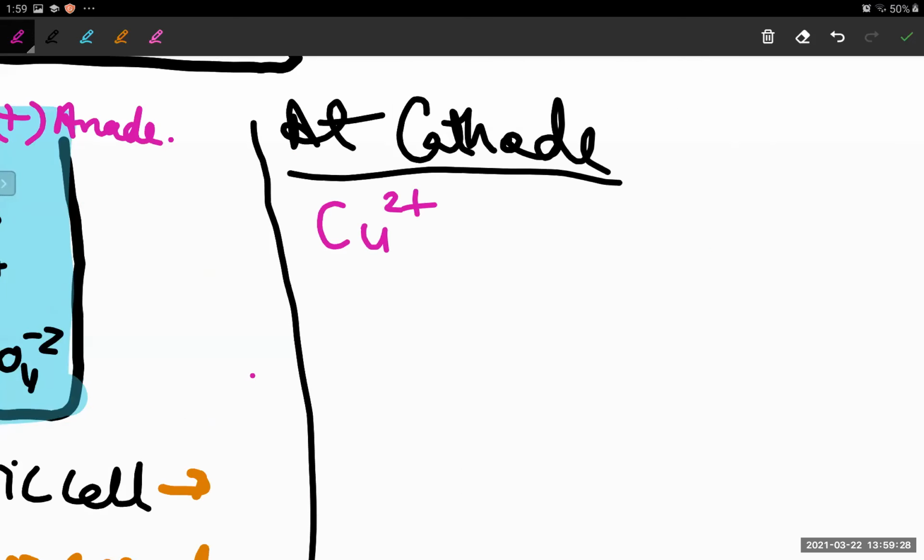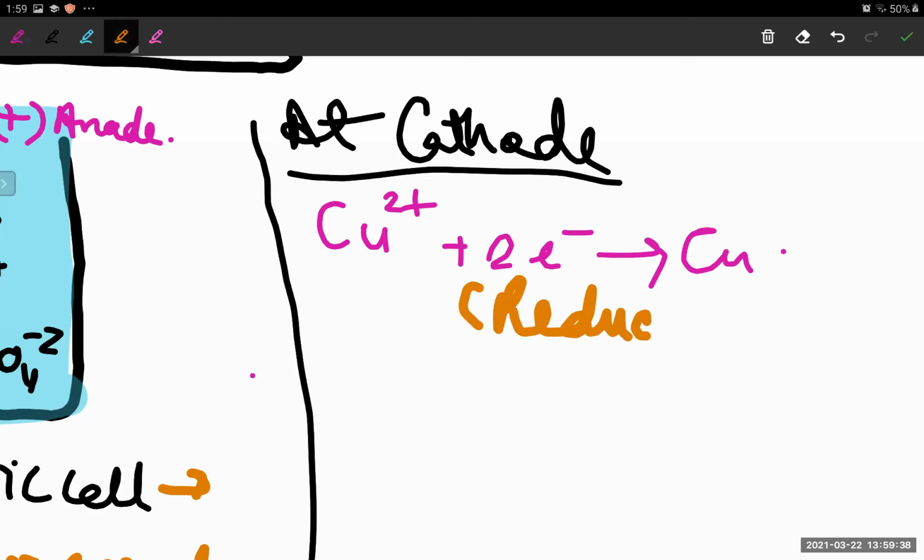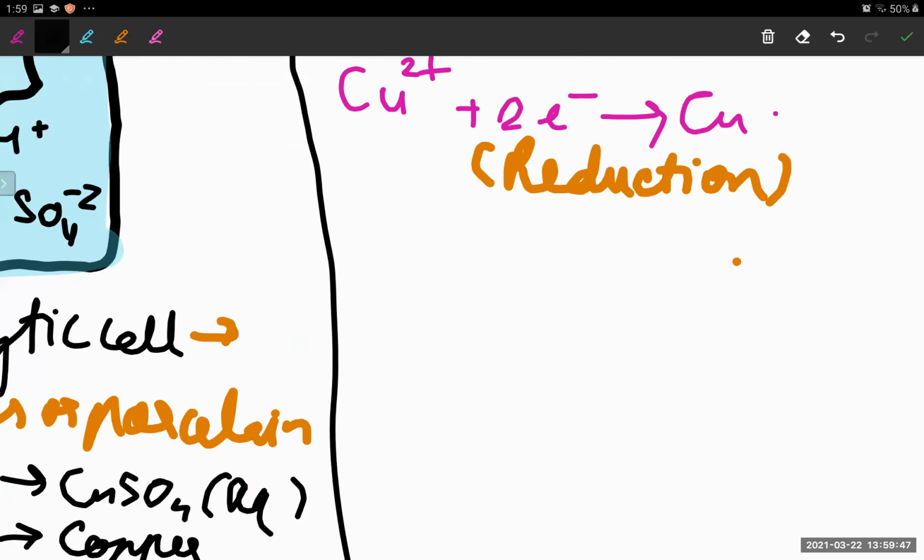Cu2+ will gain 2 electrons to become Cu, that is copper metal. Here a reduction is happening. Don't look at the mechanism; you can know it from the mechanism also, but that might confuse you. So you just know the rule: reduction at cathode.